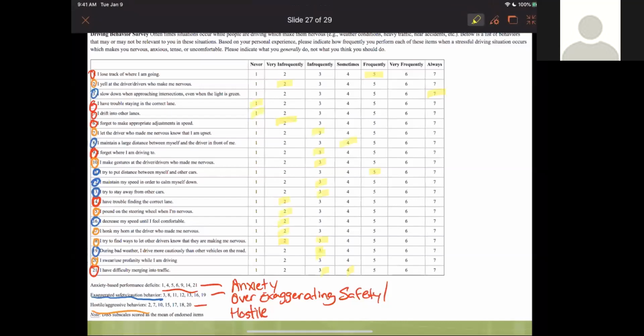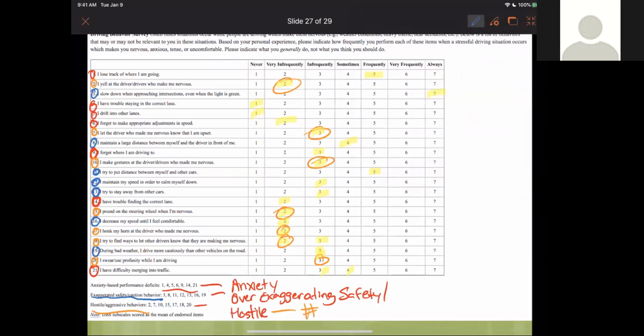Because we used one instrument, we can go through and say 2 plus 3 plus 3 plus 2 and a 2 and a 2, and let's say this is a 3. Then we add all those numbers up, and now we can get our number for how hostile of a driver you are.